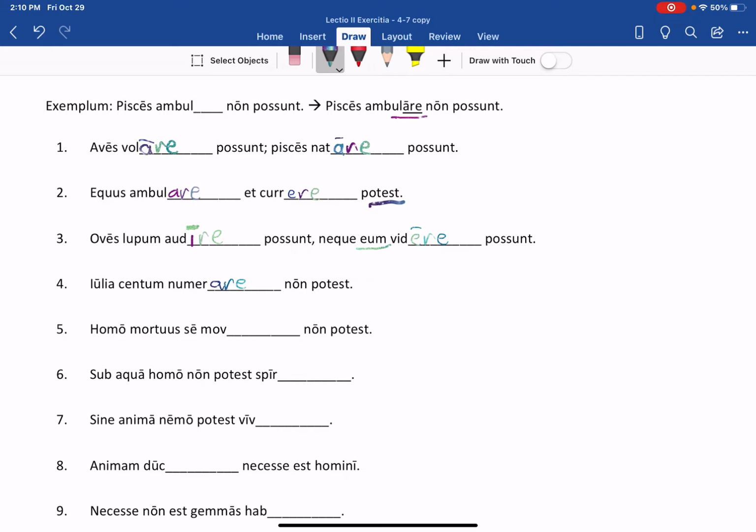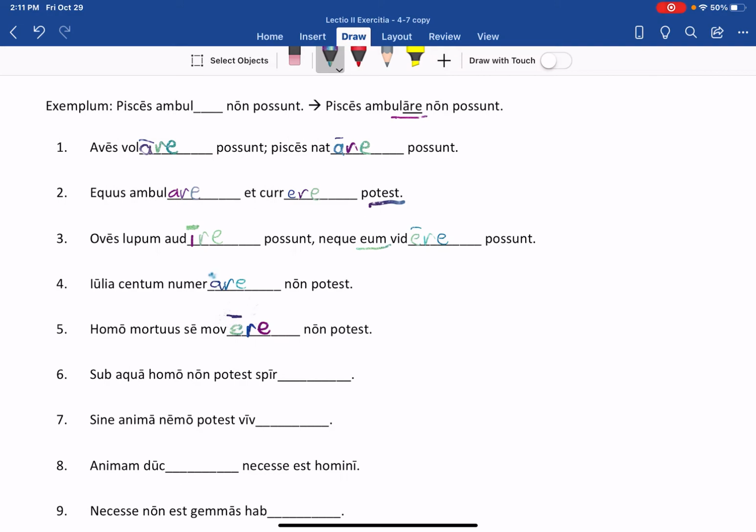Homo mortuus, this is number 5, se movere non potest. Homo mortuus, a dead human, non potest, is not able, se movere, to move himself.